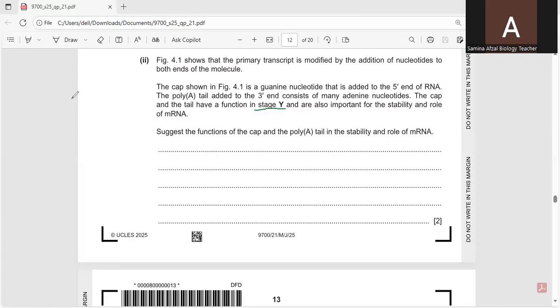So I would like to write all this which I have told you. First of all, the structure and function are very much related.